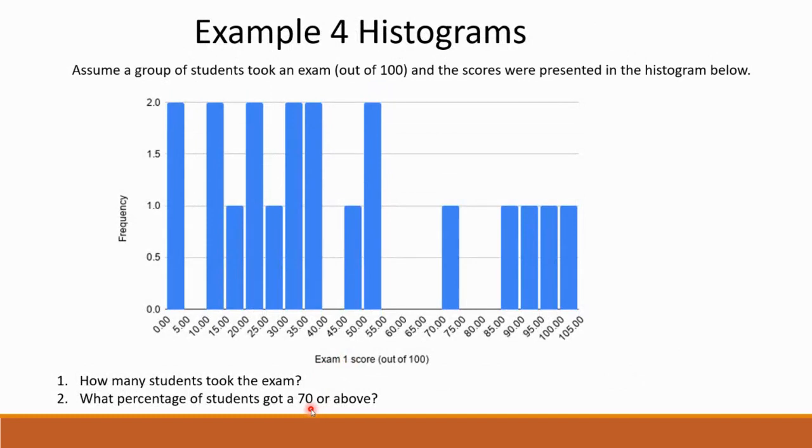Over here also, what percentage of the students got a 70 or above? So what you want is to look at the frequencies for scores that were at least as large as 70. In other words, we're going to look at this bar, bigger than or equal to 70. We're going to look here as well.